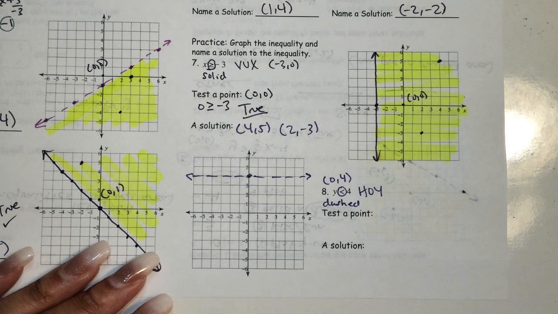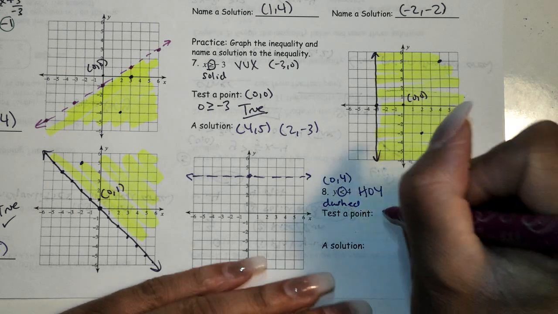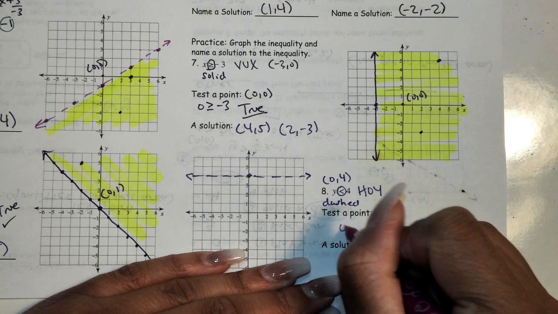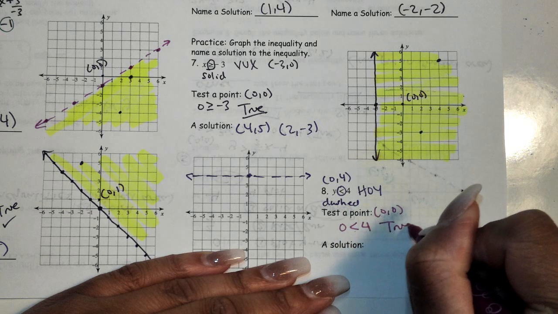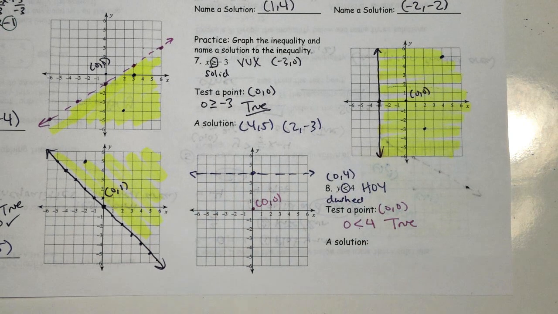Okay, so now I need to know if I need to shade above or below. Our favorite test point is going to be 0, 0 because it is not on the line. So I have 0 is less than 4, and 0 is less than 4. So I'm actually going to shade that same side that 0, 0 is on.